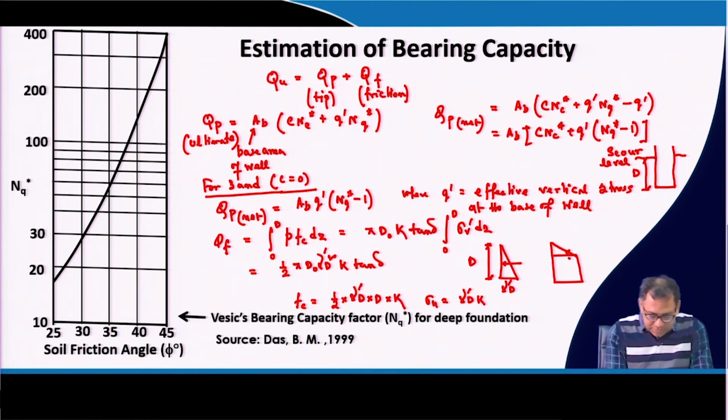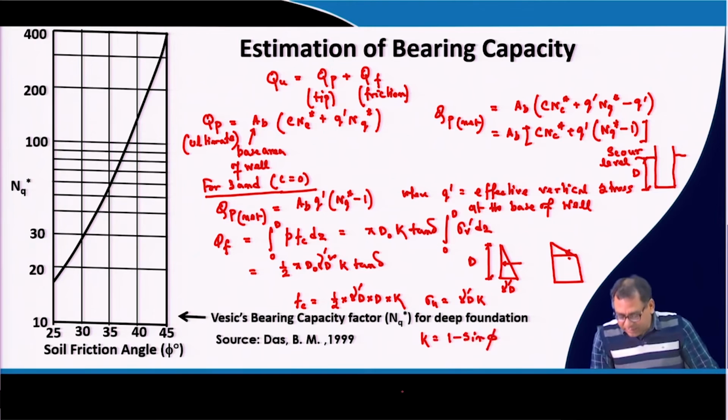The NQ dash value I can get from this chart. So, this is for different friction angles for sand, and from here I can get the NQ dash value, and that NQ dash value we can put here. Another thing is how we can calculate the K, because delta is the friction angle between soil and the pile or the well, and K is taken as 1 minus sin phi.